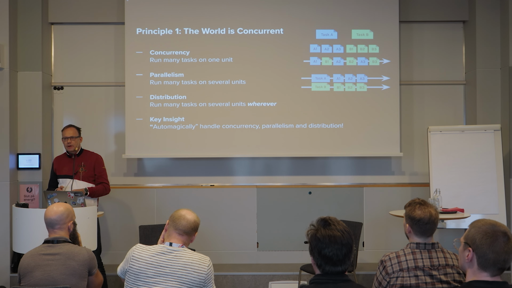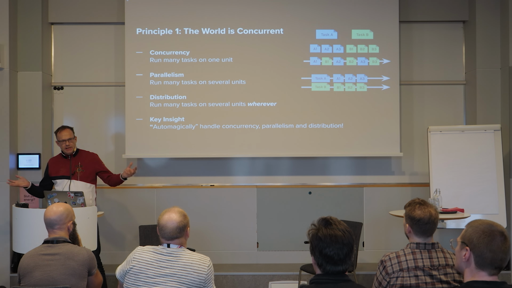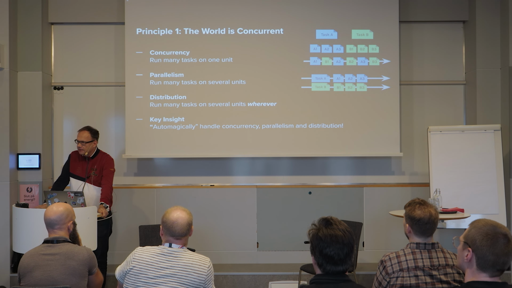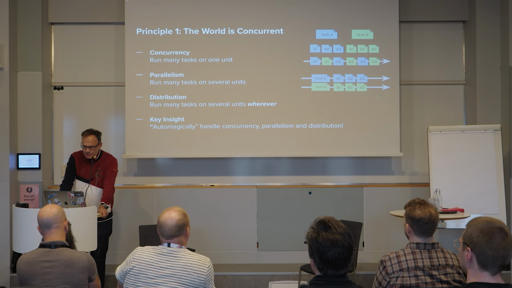So you don't need to think about it. You have another abstraction layer in your programming language. So the virtual machine and the underlying environment will handle this for you. Then you can focus on the business side of things and the business problem and the domain-specific problems, and let the machine do what the machine does best. So that was principle 1.